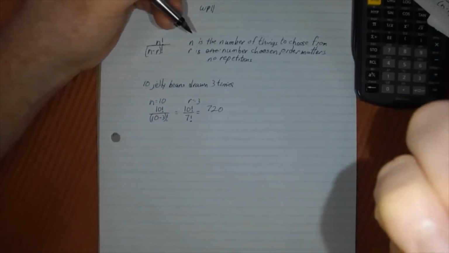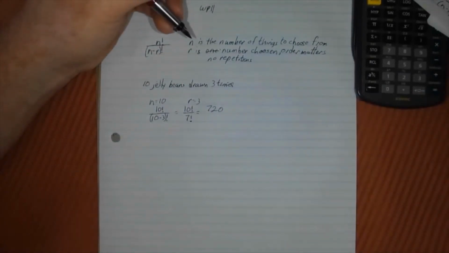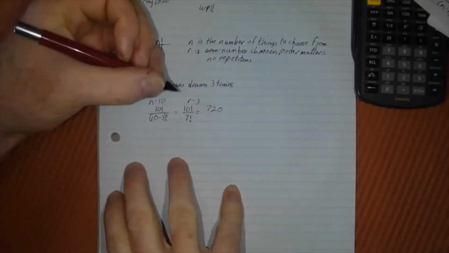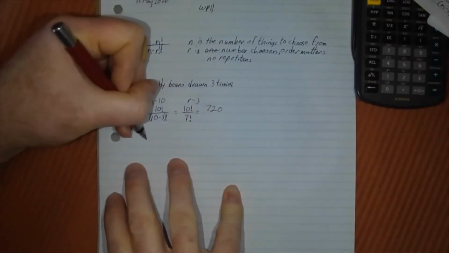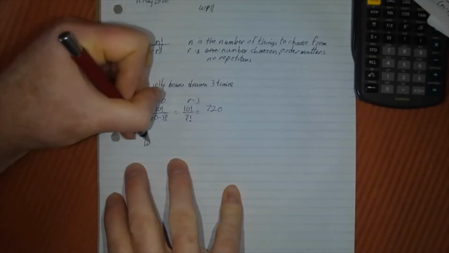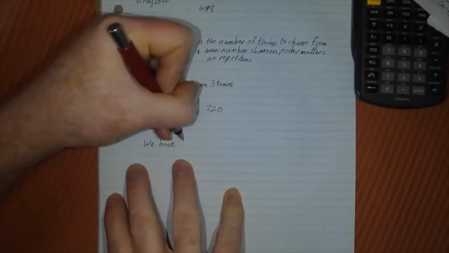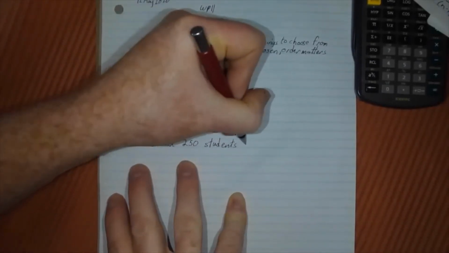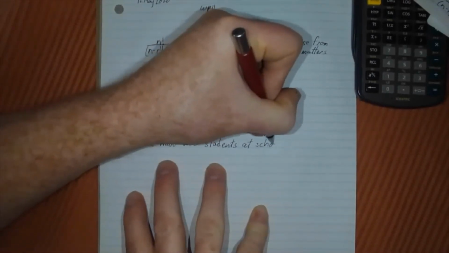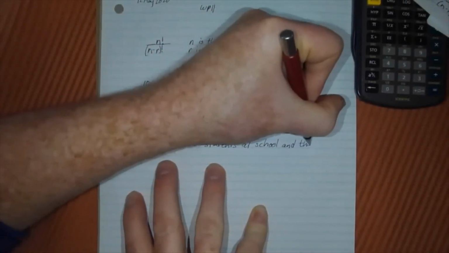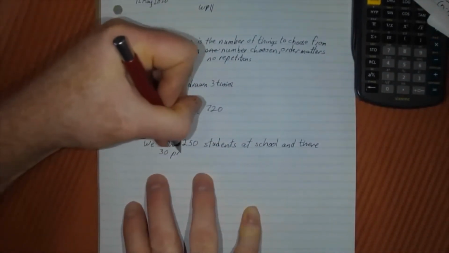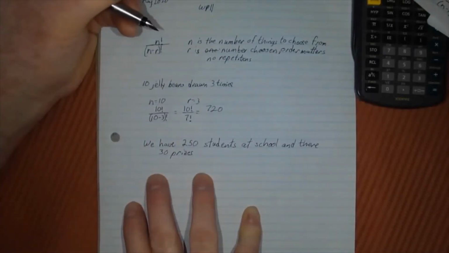Now what if we wanted to do something like a ball draw for 20 students? So let's say we have 250 students at school and there are 30 prizes.